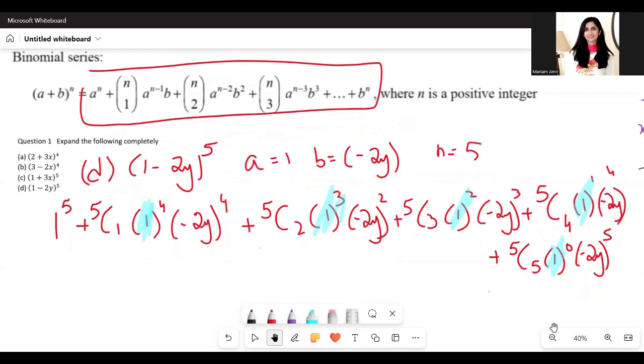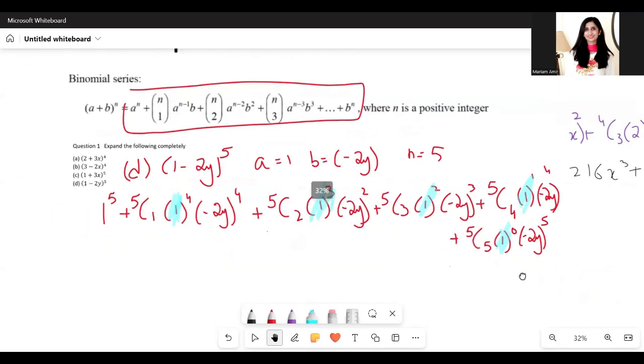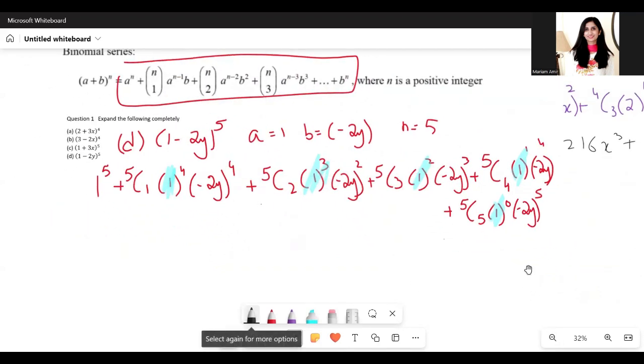Now let's find each of these values by entering these very carefully in the calculator. The first term is just going to be 1 plus, in your calculator, press 5c1 times minus 2 whole power... sorry, it's not power 4, it's power 1.